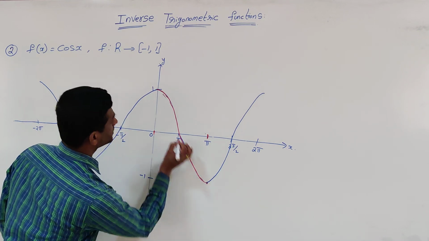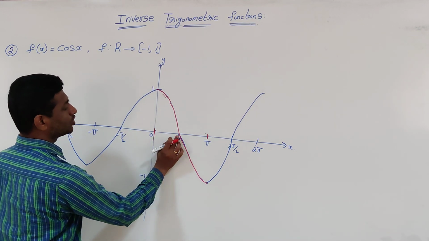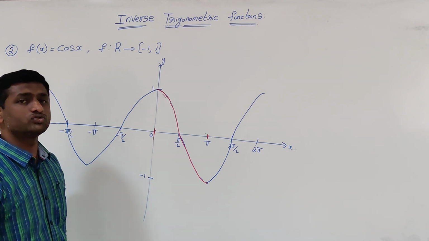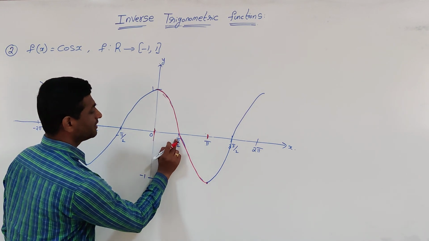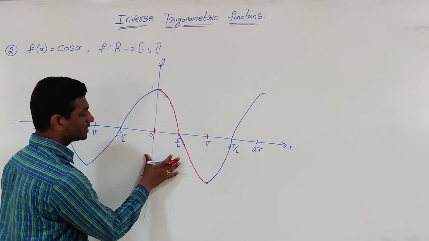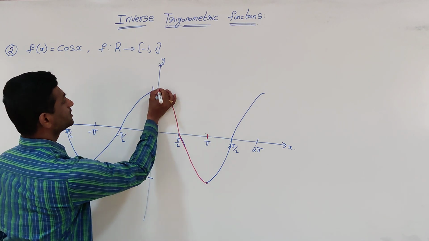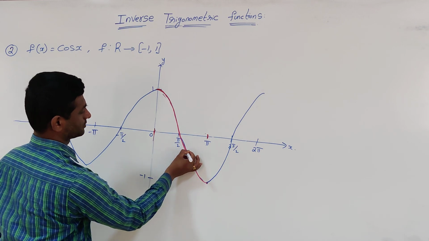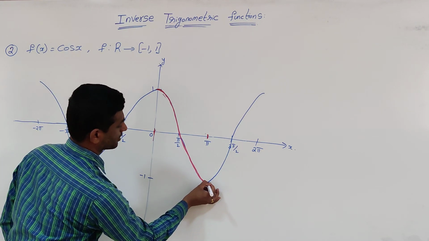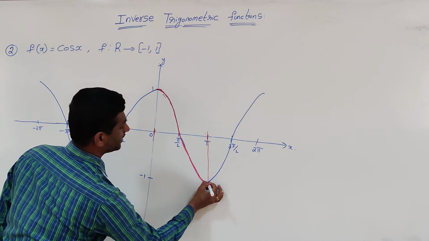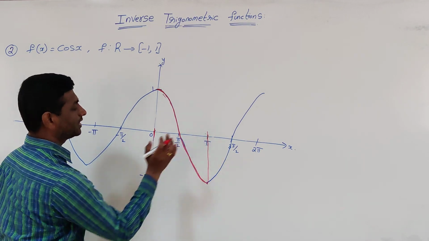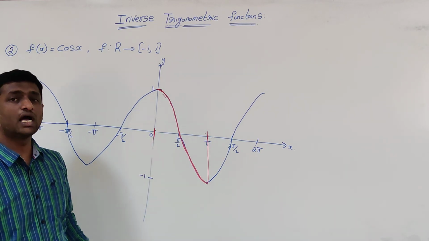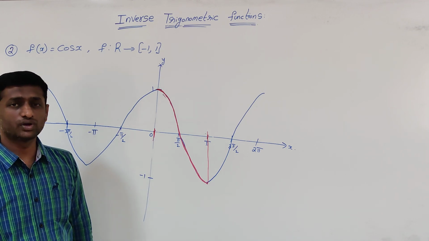From 0 to pi by 2 the cos theta values will be positive, and between pi by 2 to pi the values are negative. So this is our restricted domain. From 0 to pi, cos theta will be a bijective function.